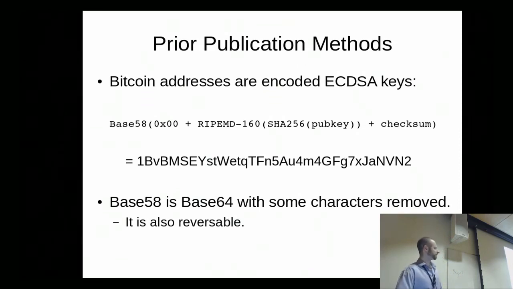You prepend a 0 byte and then you append some checksum, which doesn't really matter in this context. And then you base 58 encode it all to get that string in the middle. Base 58 is basically base 64 with some of the characters removed. The punchline is that base 58 is reversible just like base 64.